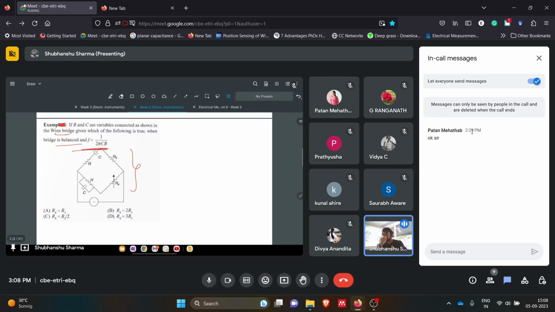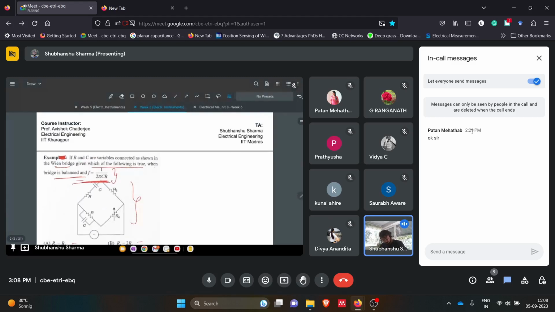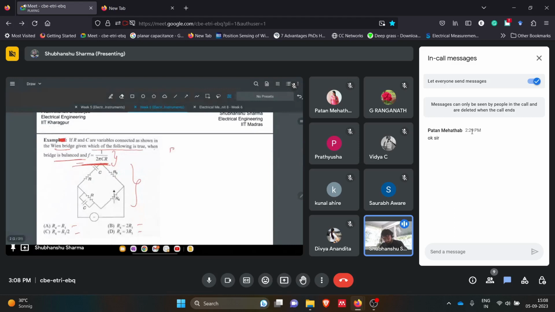When you calculate the balance equation for the Wien bridge, you will get that for this frequency it will be balanced. They are asking which of the following is true when the bridge is balanced at f equals 3. So for any AC bridges, just focus on their balance conditions.